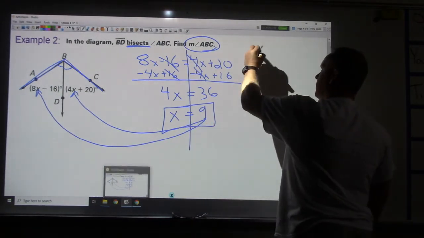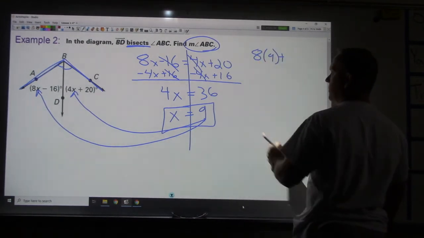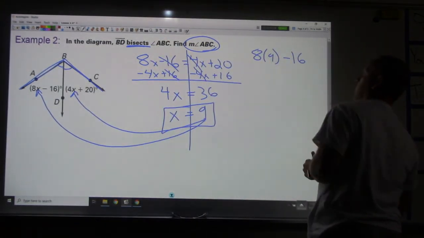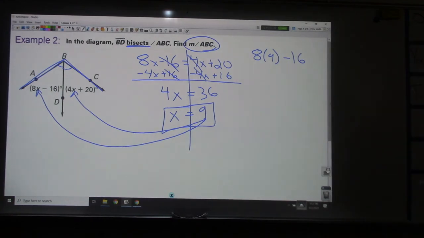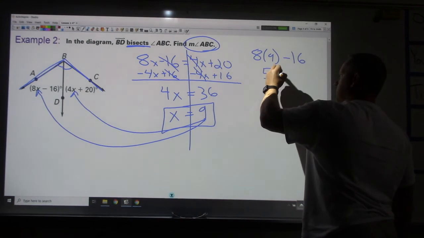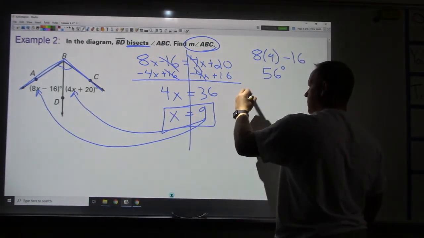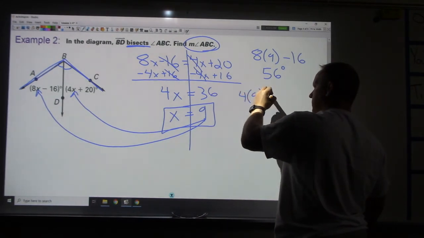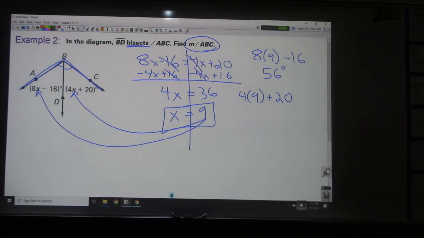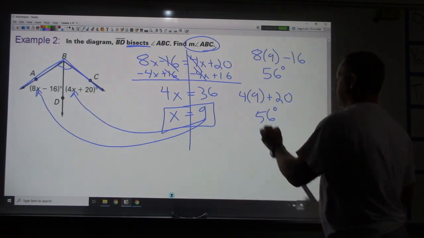So 8 times 9, minus 16. 8 times 9 is 72, minus 16, and you get 56 degrees. Plug it into the second one. 4 times 9 plus 20. 4 times 9 is 36, plus 20, 56 degrees.